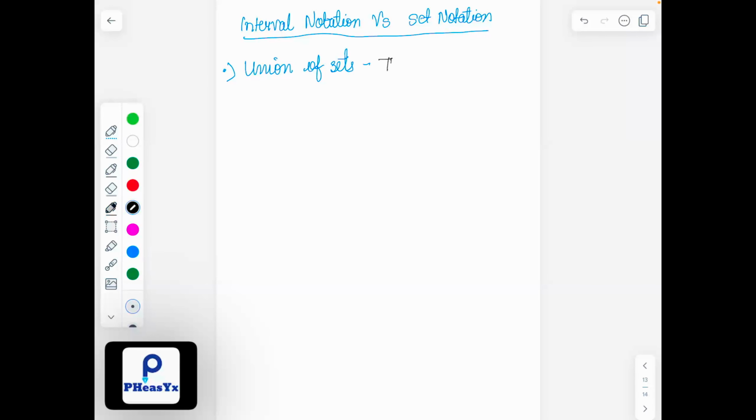The union of two sets A and B is the set of elements in A, in B, or in both.